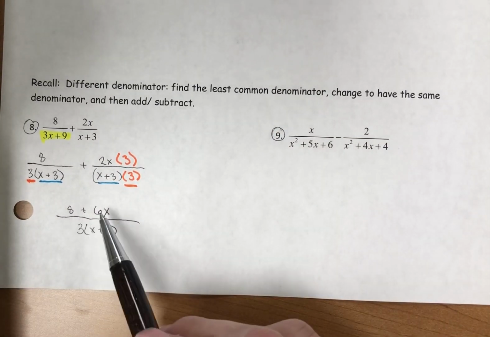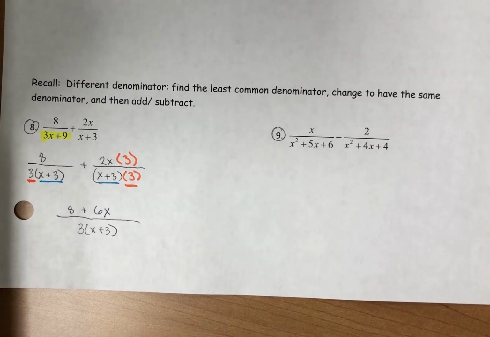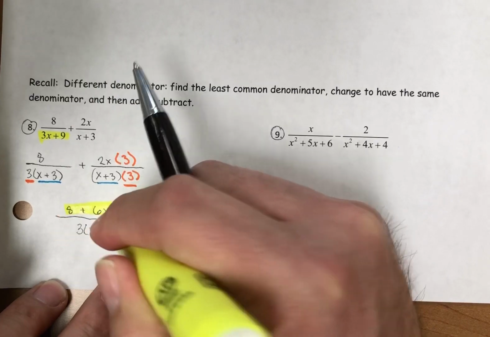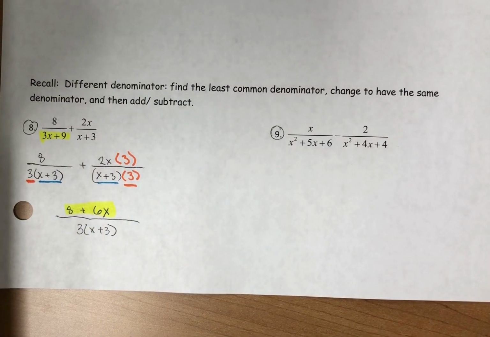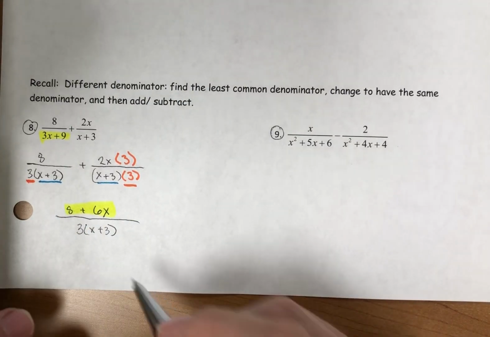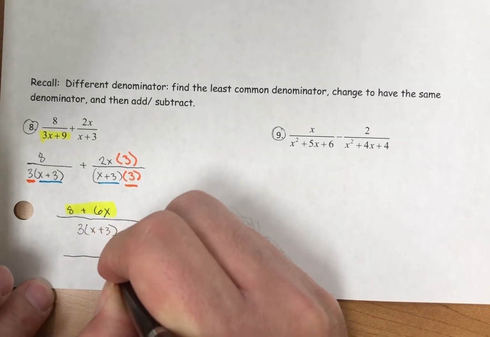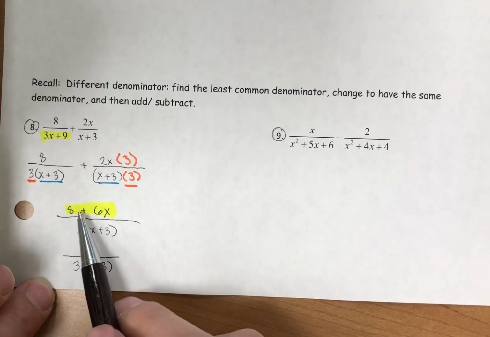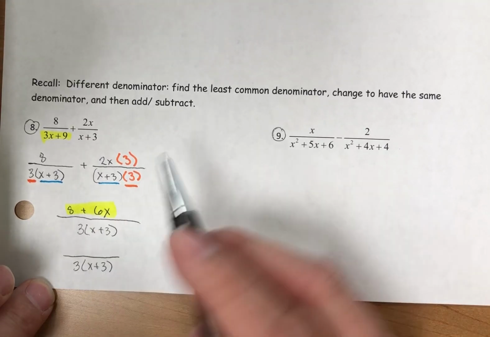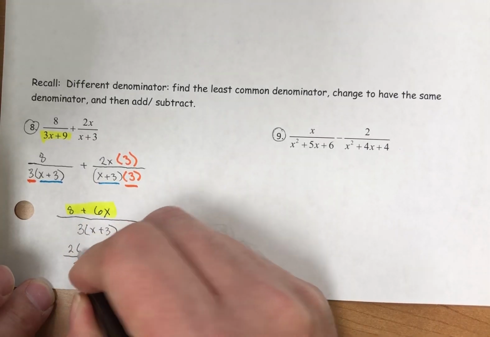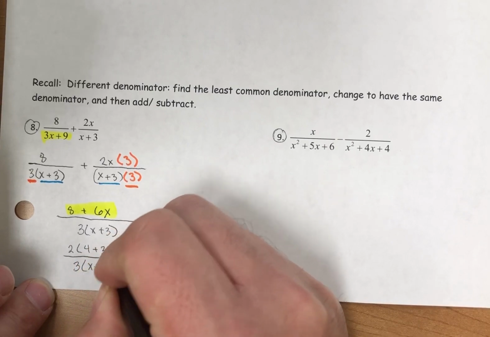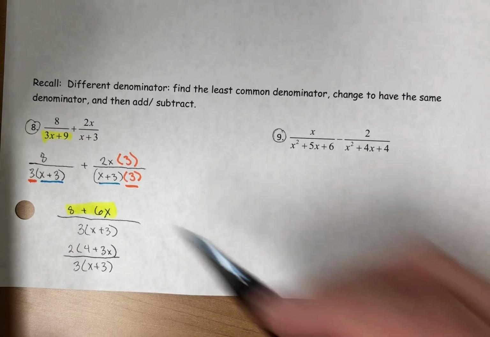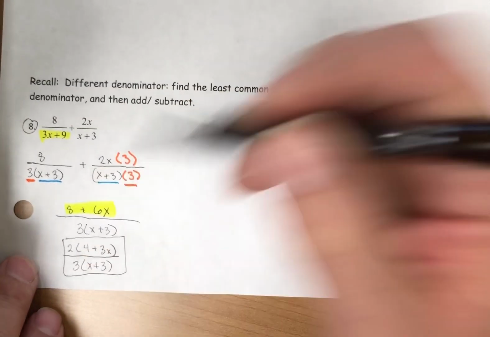Okay, and so then I look and see, can I simplify any more? The answer is yes. I can factor this top out again. So again, now I look to simplify anything, and nothing changes to the bottom. I factor out 2 out of this, and this gives me 4 plus 3x. And so when I look at this, I still can't simplify anything. So this is my final answer.